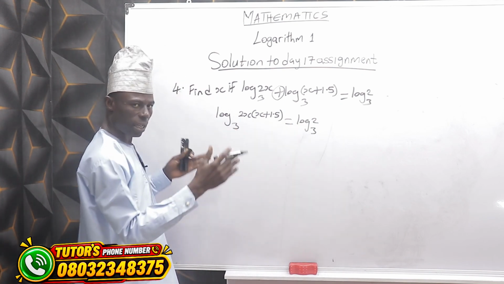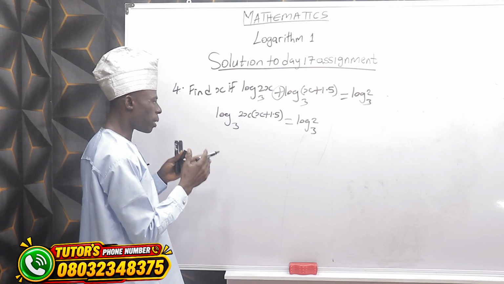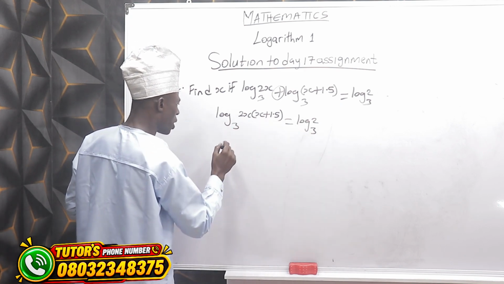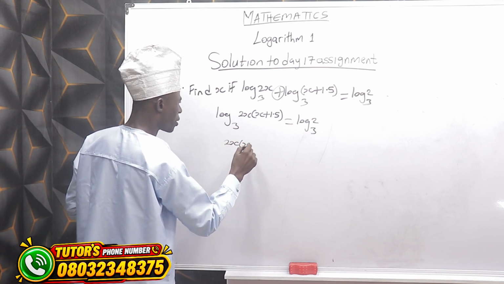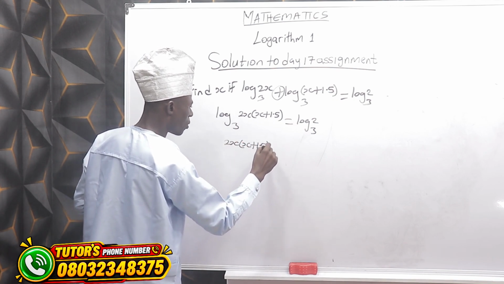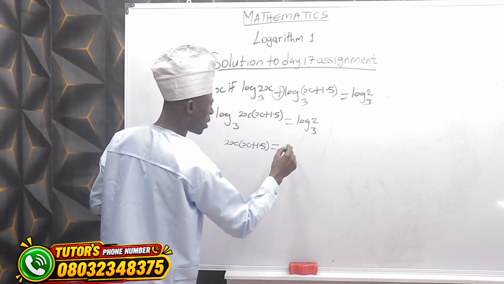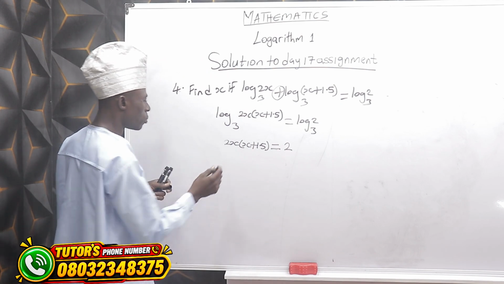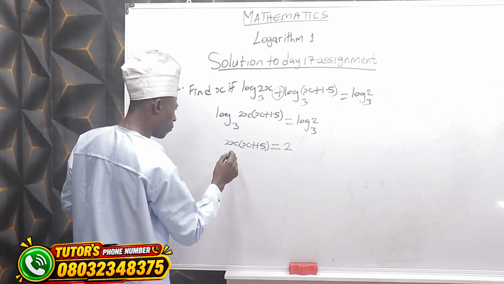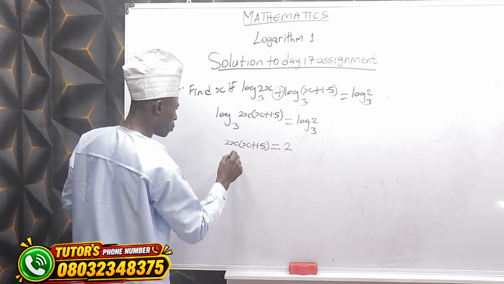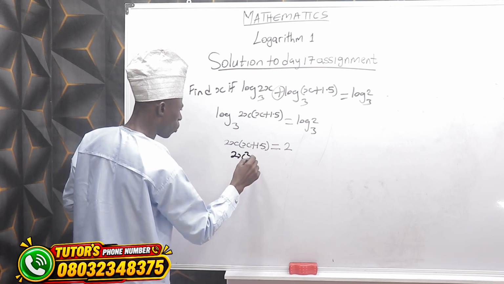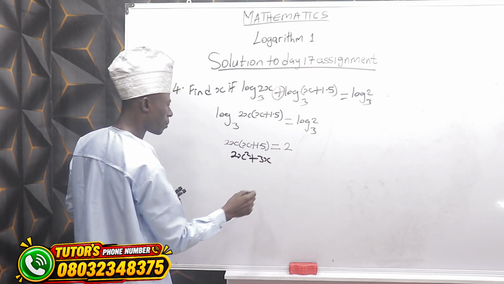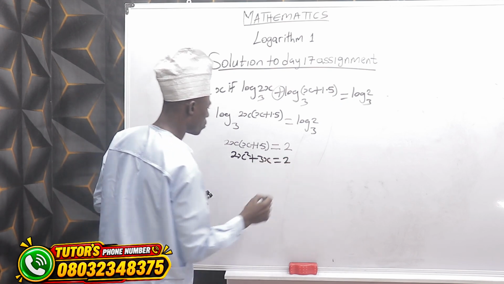Equal bases on different sides of the equation implies equal number of logarithms. So the number of logarithm here is 2x into x plus 1.5. The number of logarithm there is 2. Opening the bracket, we have 2x squared plus 3x, which is equal to 2.